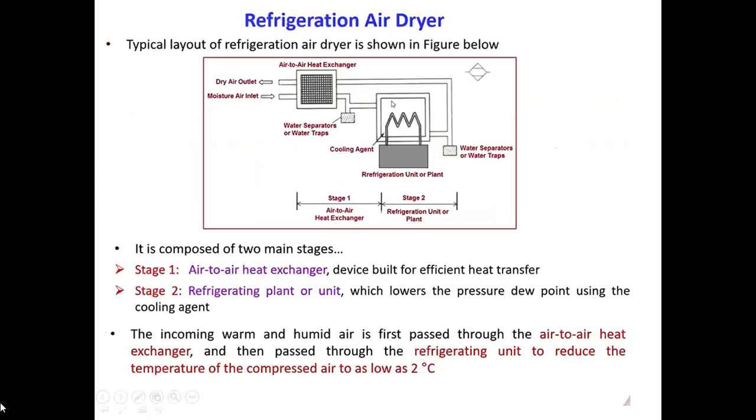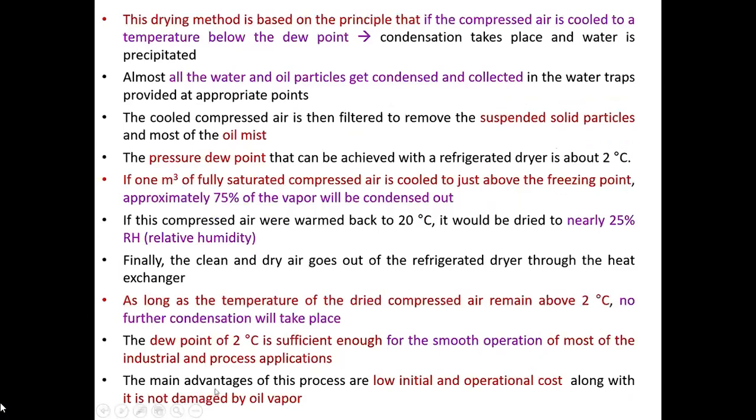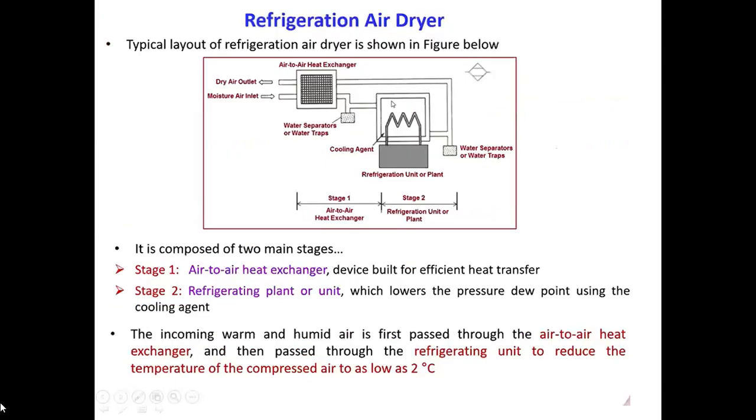Refrigeration air dryer. Typical layout of a refrigeration air dryer is shown in the figure below. It is comprised of two main stages. Stage 1, air-to-air heat exchanger, a device built for efficient heat transfer.